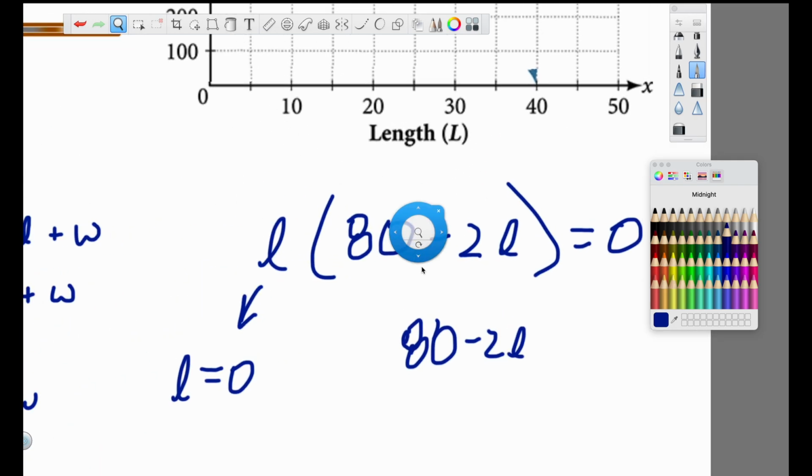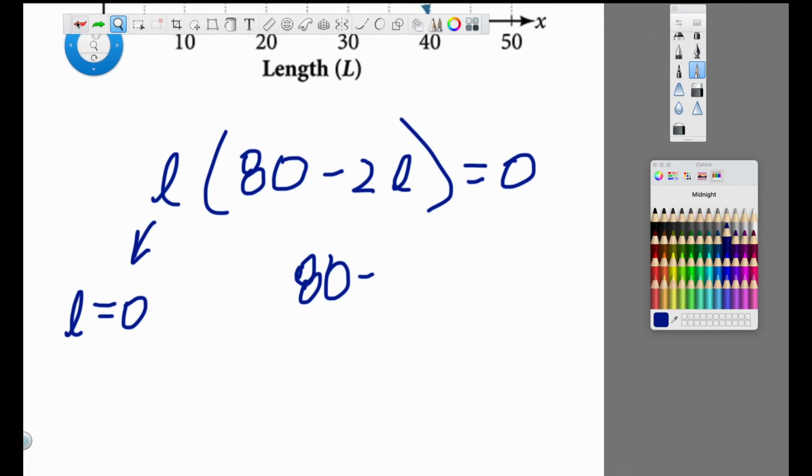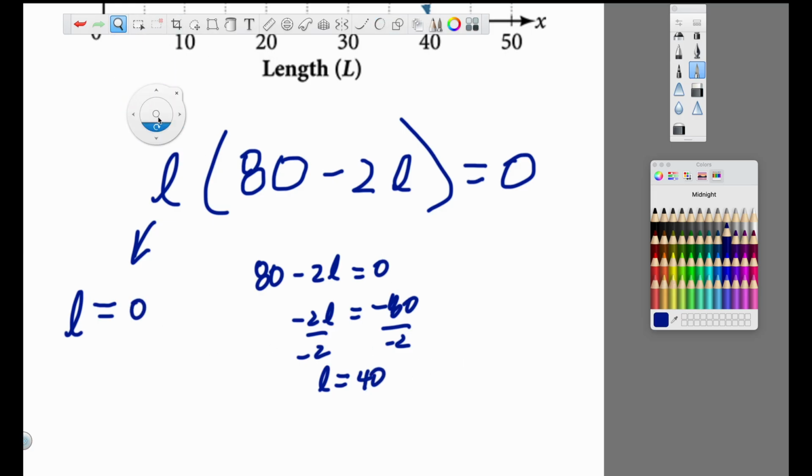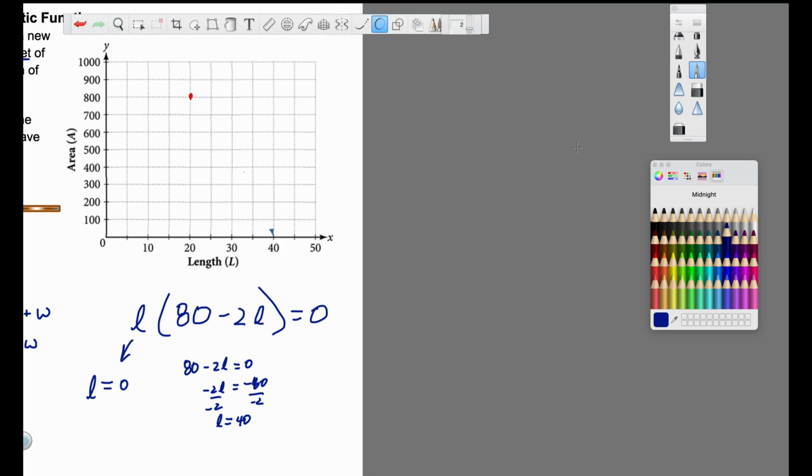Let's zoom in. L = 40. So I get 0 and 40. So 40 is here, and 0 is here.